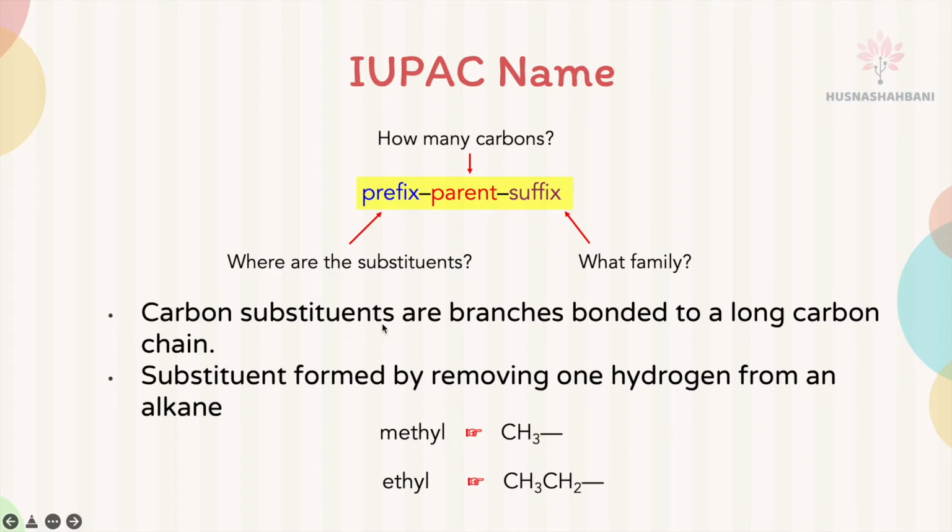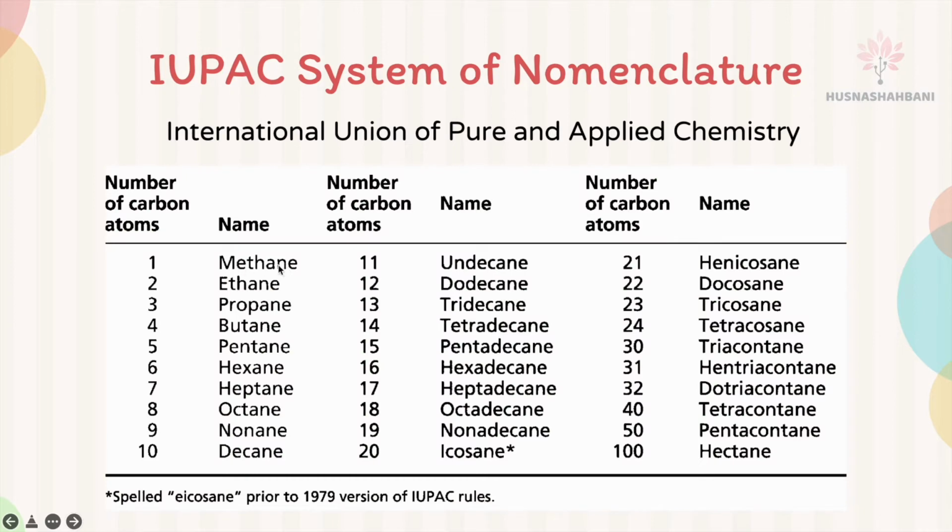Substituents are branches bonded to a long carbon chain. Our long carbon chain is the parent. A substituent is formed by removing one hydrogen from an alkane. So if the parent name is methane, because it has one carbon, the name is methane.